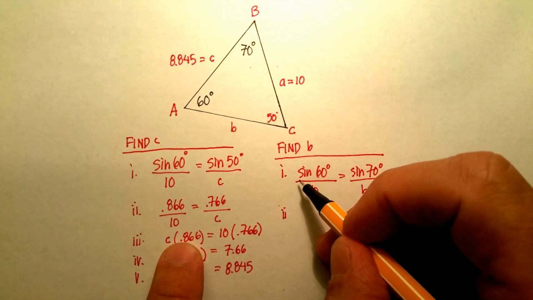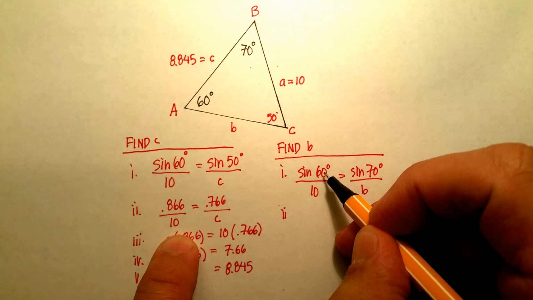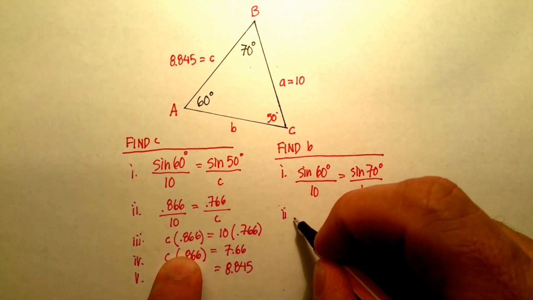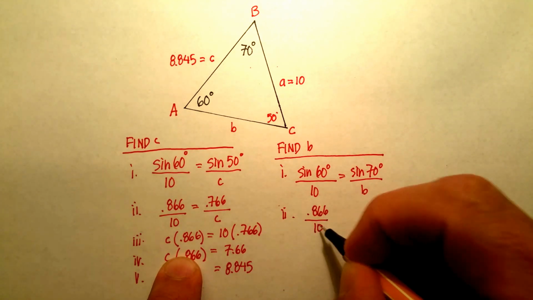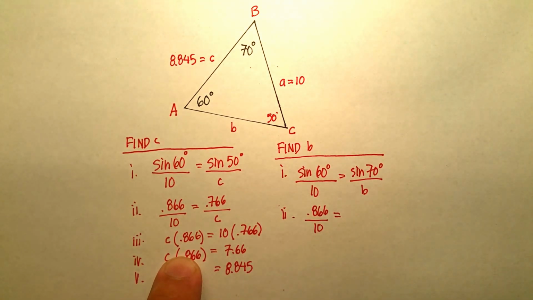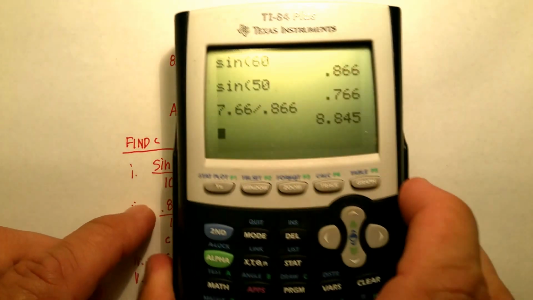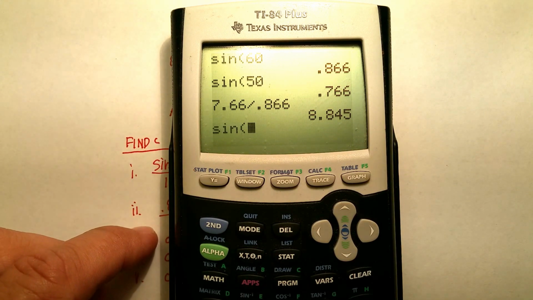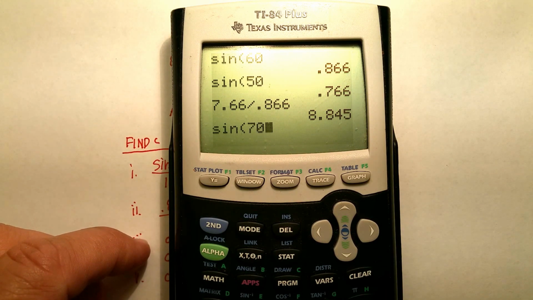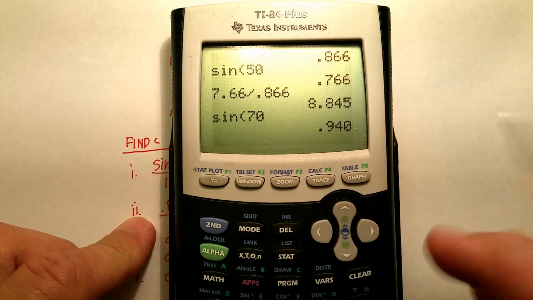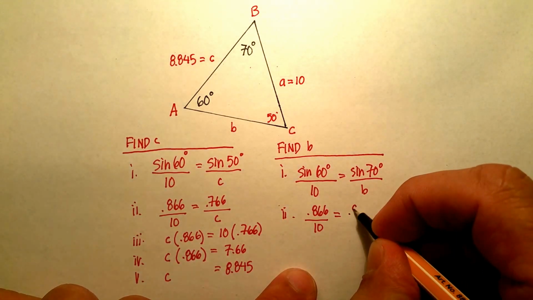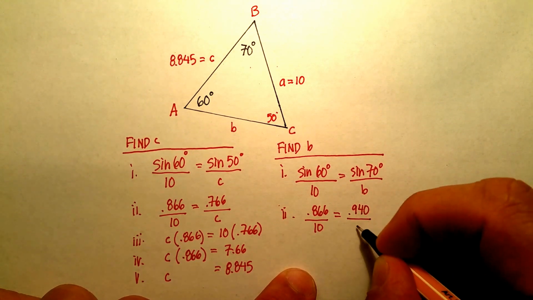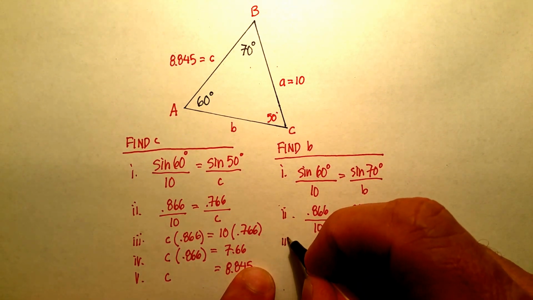All right. We already know that the sine of 60 is 0.866 divided by 10. We know that the sine of 70 is 0.940. We'll do cross products.